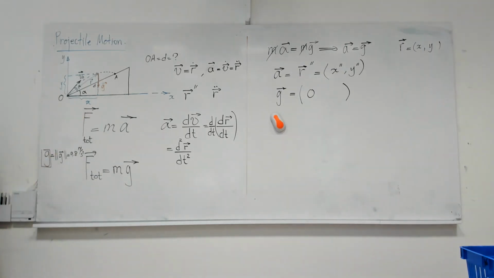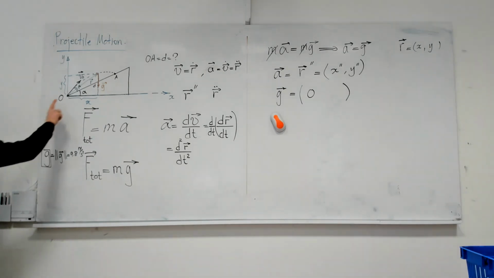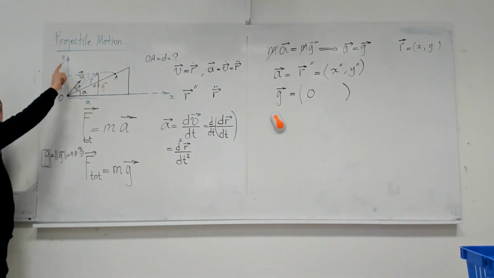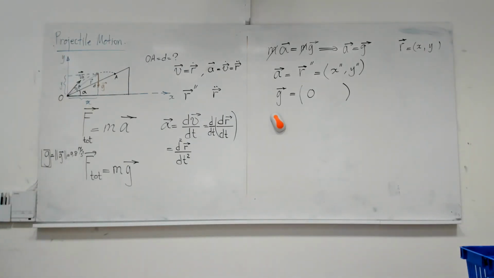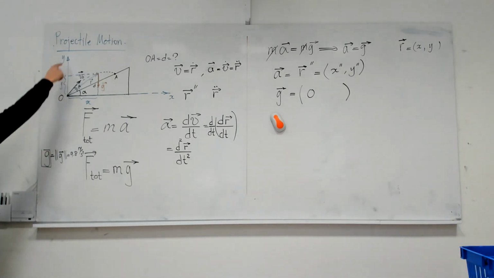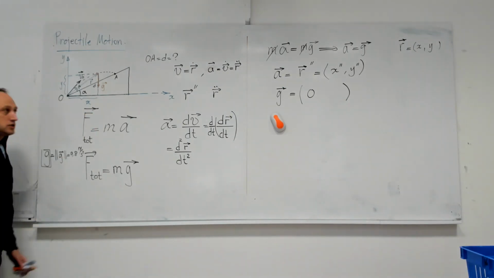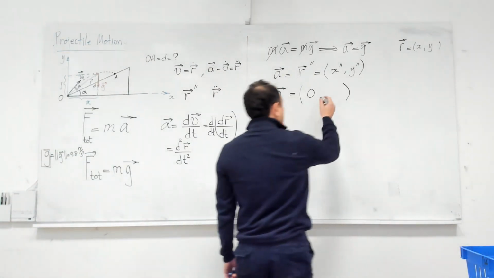So what can I write there? 0 and 9.8? Forget about 9.8. I want to put G, but not G, because I have put the coordinate system pointing upwards. So that should be minus G. I could have chosen the y direction the other way, then I had to write positive G. So here I have to write negative G.